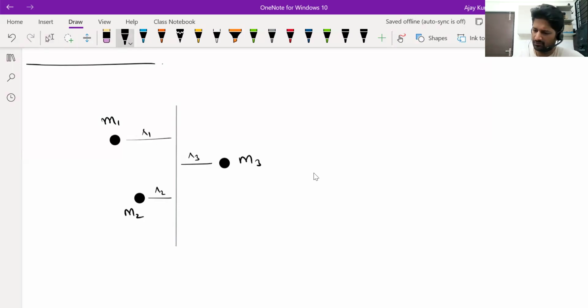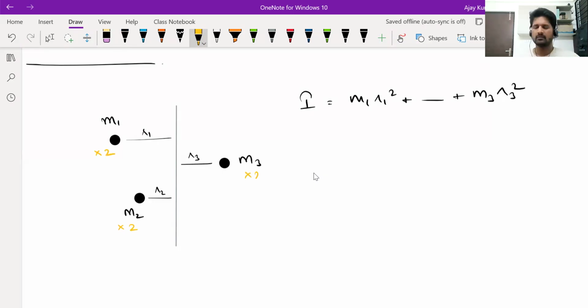Its moment of inertia is M1 R1 square plus M2 R2 square plus M3 R3 square. Suppose the masses of all particles are doubled. What will happen to the moment of inertia about the same axis?